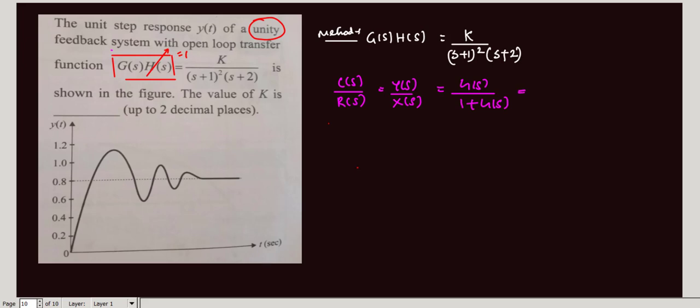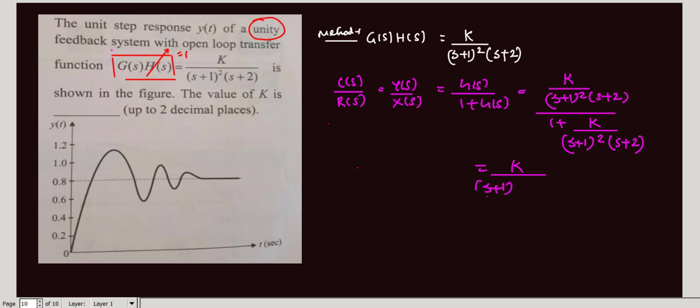We have to place H of S equal to 1. So G of S is K by (S plus 1) whole square into (S plus 2), divided by 1 plus K by (S plus 1) whole square into (S plus 2), that equals K by (S plus 1) whole square into (S plus 2) plus K.